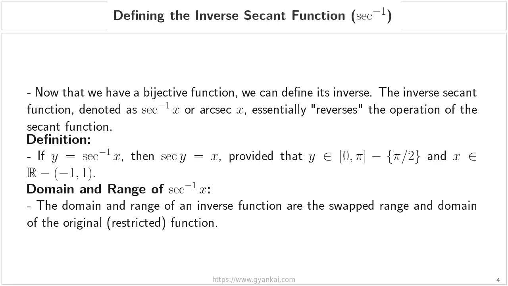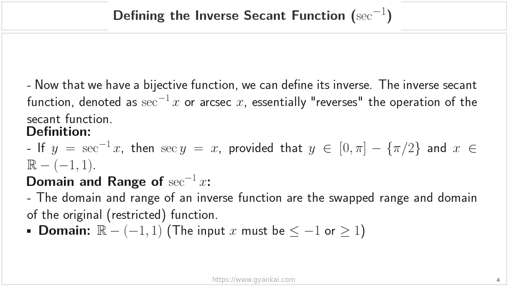The domain and range of an inverse function are simply the swapped range and domain of the original restricted function we analyzed in the previous slides. Therefore, the domain of secant inverse of x is all real numbers excluding the interval between -1 and 1. This means that the input x must be either less than or equal to -1 or greater than or equal to 1.